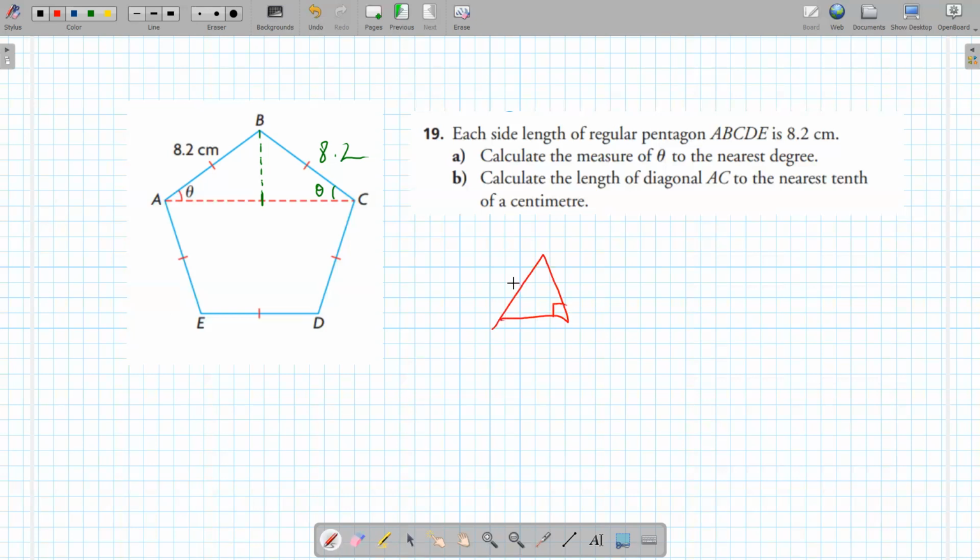You either need two side lengths or you need a side length and an angle for each right angle triangle, which leaves us with only one possibility, which is that theta, we must know what theta is. What is it? It's 45.